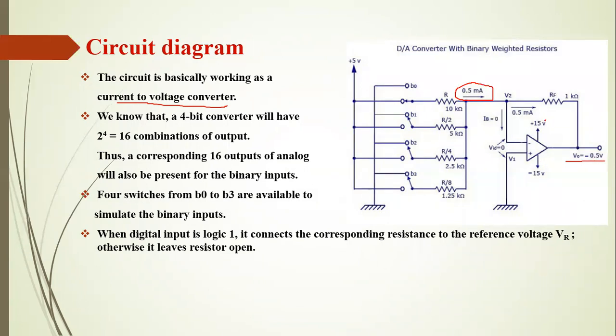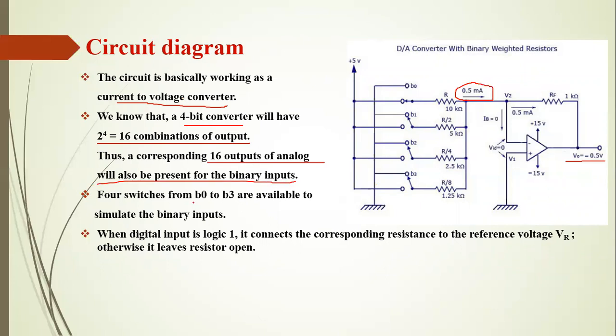Hence we can say that it is also a current to voltage converter. And since we are using 4-bit conversion, you will have a total of 16 combinations of output. As we have seen in the ideal case, there also we considered a 4-bit combination, so you will have 2 power 4, that is 16 combinations of outputs. Thus 16 analog outputs will be present for the binary inputs.